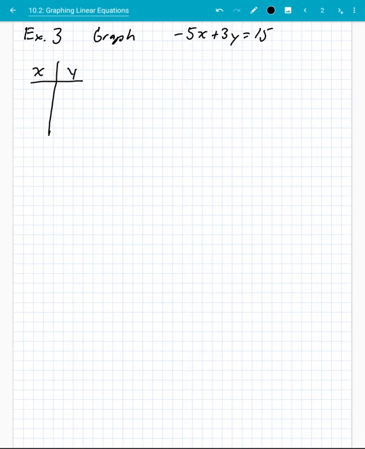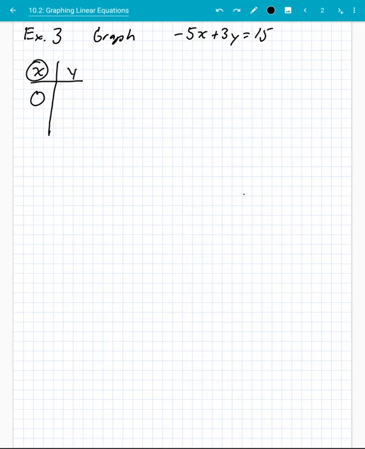So here's how we're going to make it easier. We're choosing our points. I'm looking at these values right here. I have -5x and 3y. The easiest number to choose is always going to be 0. So for one of the points, I'm going to make x equal to 0. Now for another point, we have the freedom to choose an x or a y point and solve for the unknown variable.